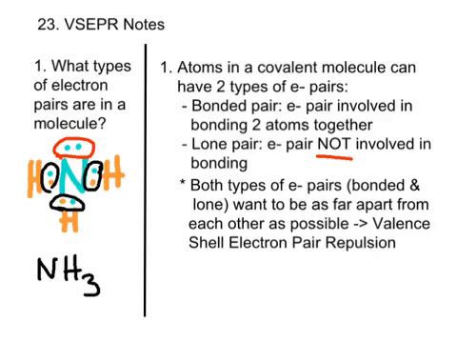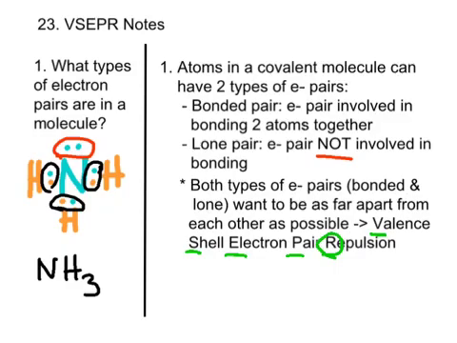The trick with these is that both types of electron pairs, both bonded and lone pairs, want to be as far apart from each other as possible because electrons are negatively charged and so they will repel each other. So that's where this VSEPR model comes into play, where it's valence shell electron pair repulsion. They want to be as far apart from each other as possible. So this is going to set up the different shapes that we have.